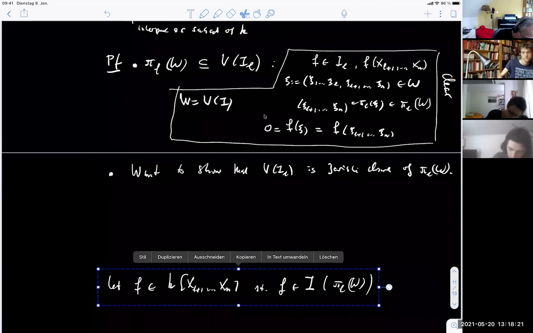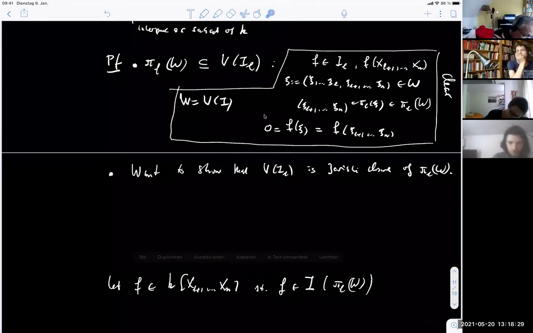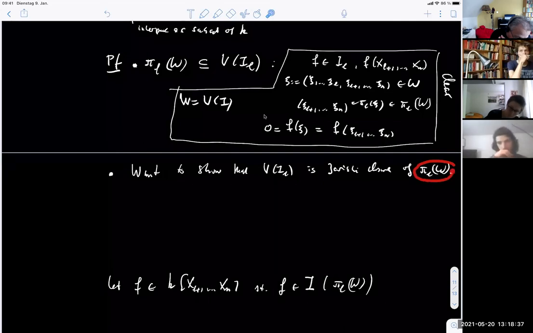Zariski closure. And what does this mean? Okay, this means the following. If you have a polynomial vanishing on this, then it must also vanish on this. This is the meaning of Zariski closure.